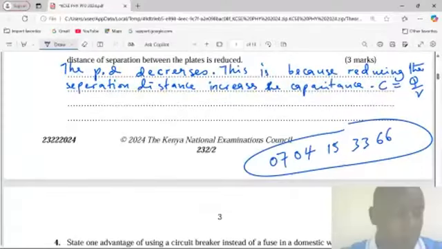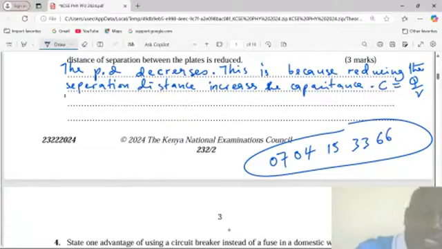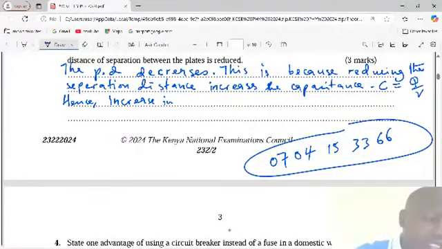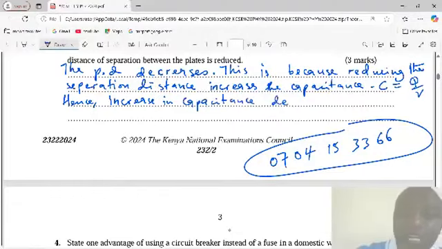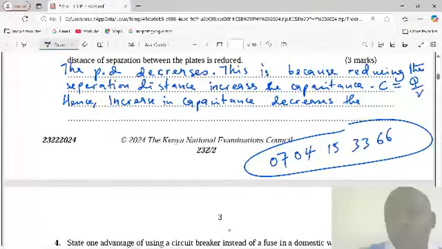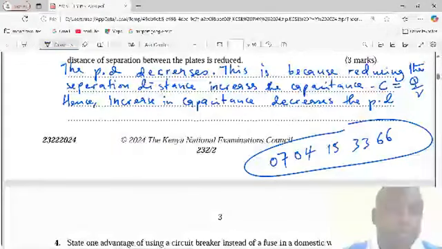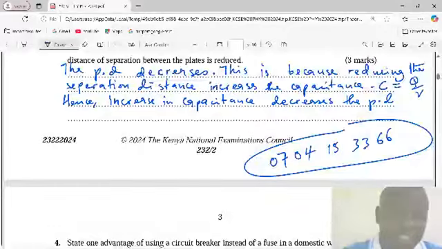Then with that, we can now say that hence an increase in capacitance automatically decreases the potential difference. It will be an automatic process because we can see from the relationship, or from the equation, that these are inversely proportional quantities. They are inversely proportional.